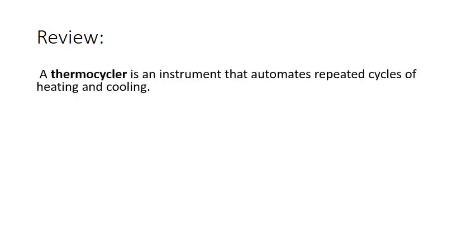All right, so let's review the things that we learned today. First off, we learned that a thermocycler is a really awesome piece of equipment, but it looks really boring on the outside, and it automates, or kind of robotically moves, these repeated cycles of heating and cooling.